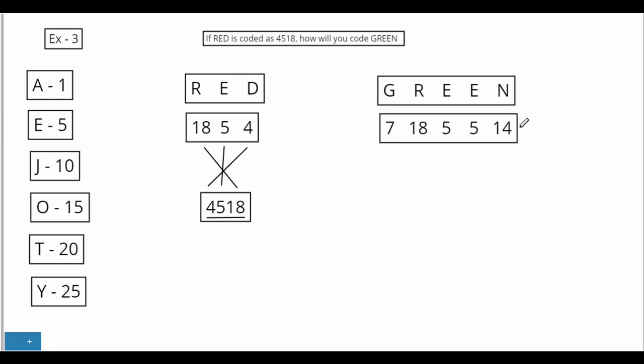Now we'll write the code reversed. 14 will come first, then 5, then 5, then 18, and then 7. So the code for green is 1455187. Now let's go to the fourth example.